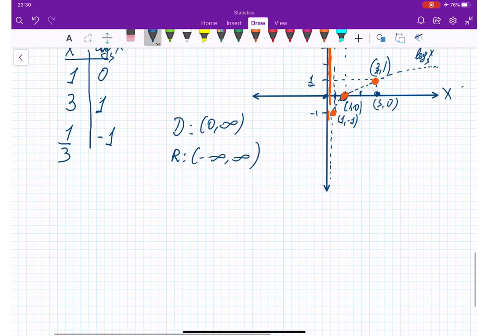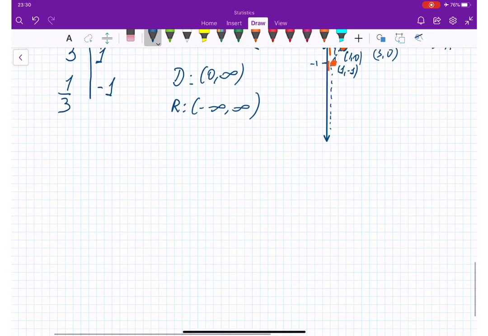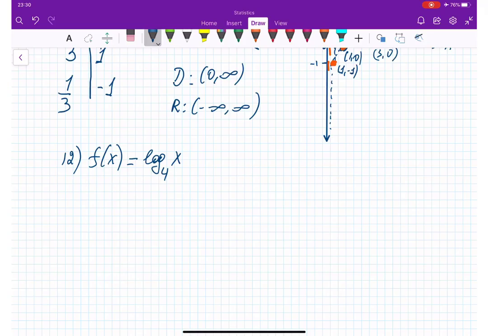Therefore, the domain is going to be from 0 to positive infinity. Okay, question number 12. So f of x is equal to log x by base 4. So we already know how it's going to look. Let's build it.